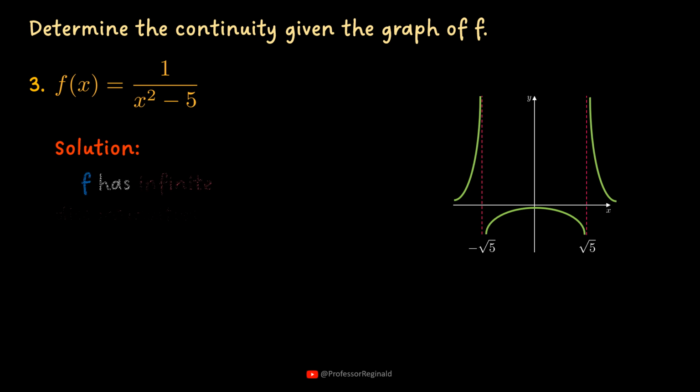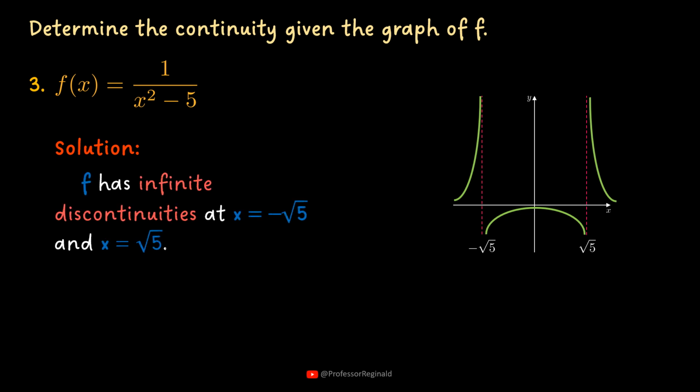The graph shows that f has infinite discontinuities, which are non-removable discontinuities, at x equals negative square root of 5 and x equals square root of 5.